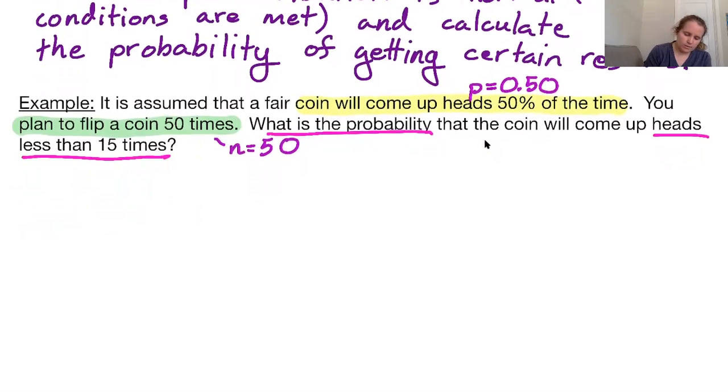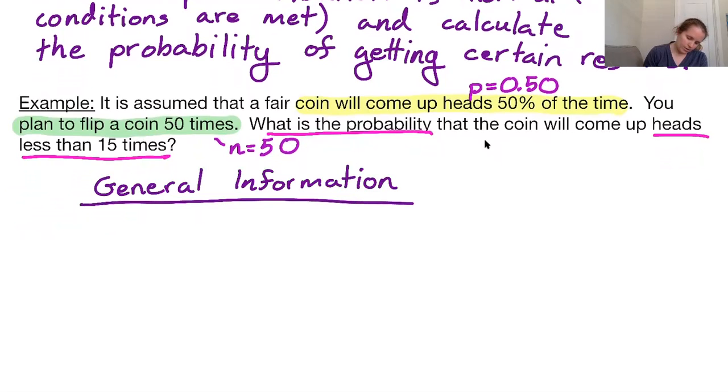So the general information is that p is 0.50 and n is 50.